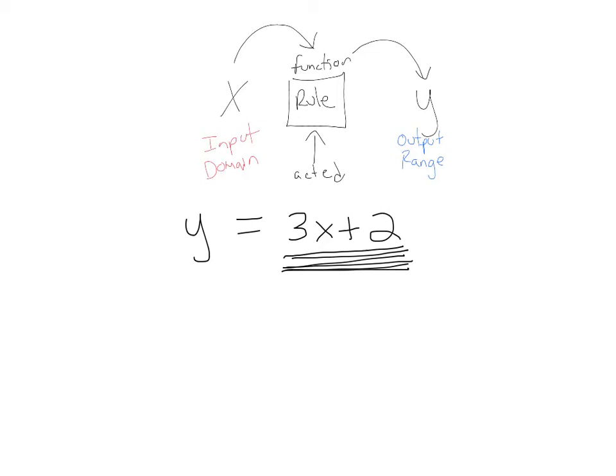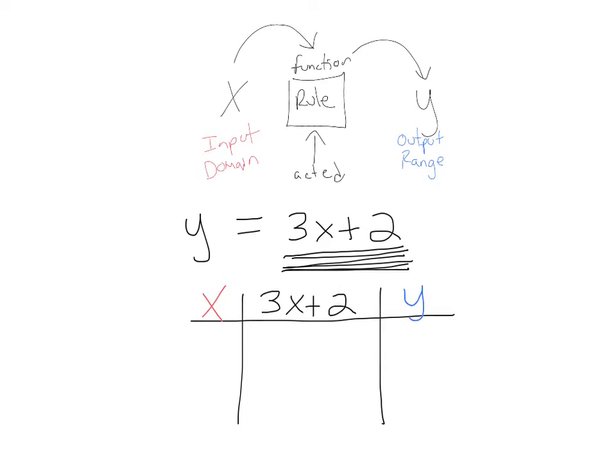So if we wanted to list possible values for x as they relate to y, a function is a relation. Let's see. If you had some arbitrary values of x, what y's would you get based on the rule that's happening to x? If you put in a negative 2 for x, what would happen? You multiply by 3 and add 2.